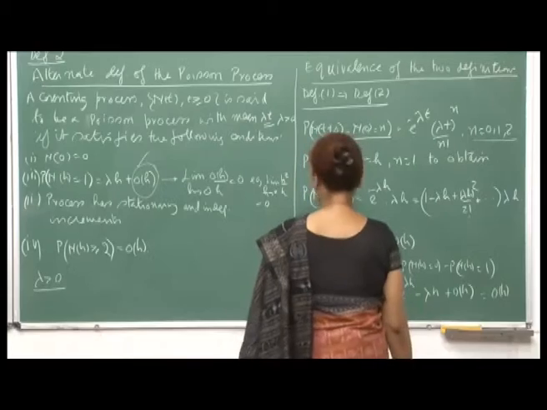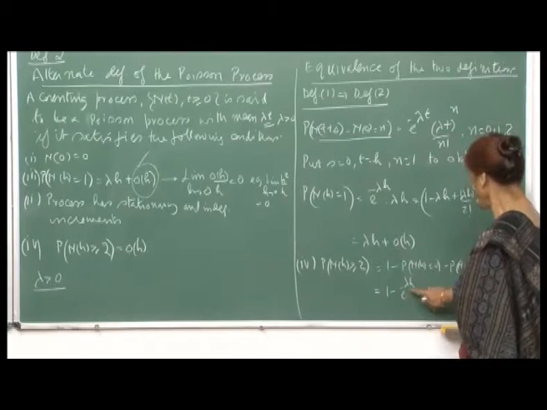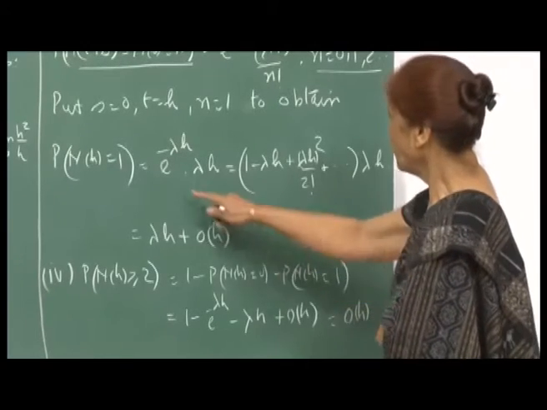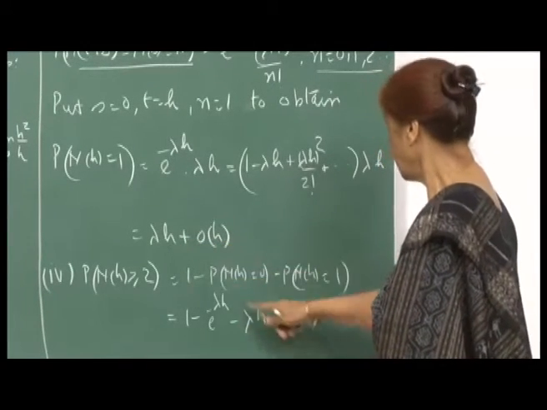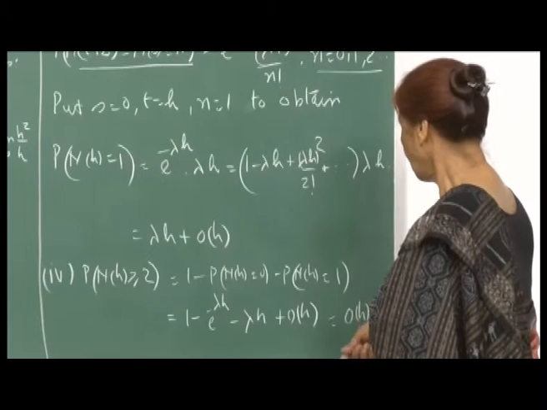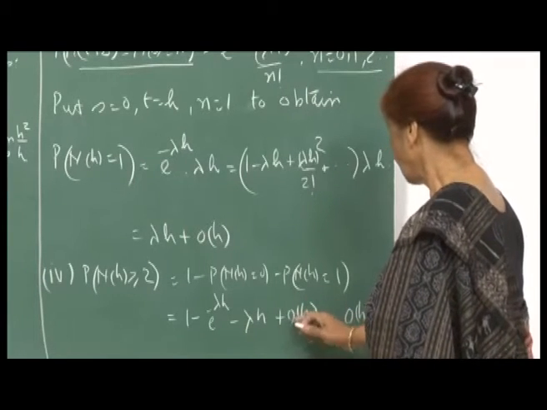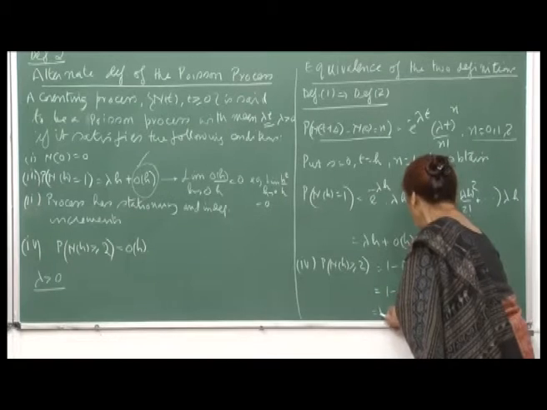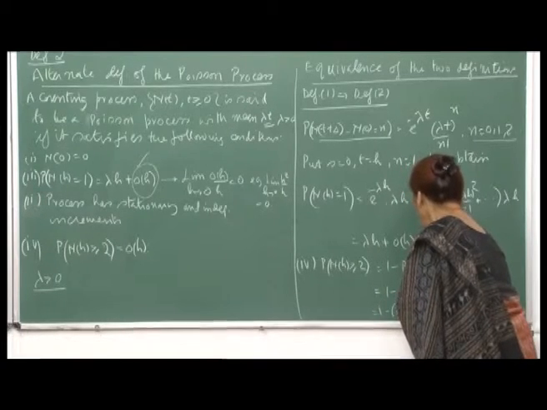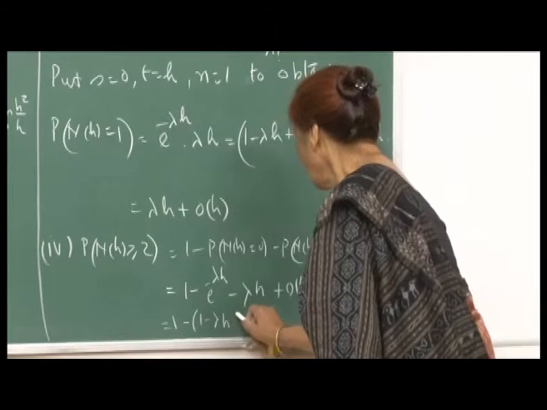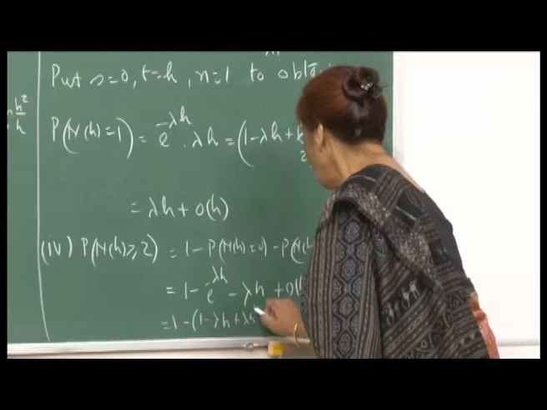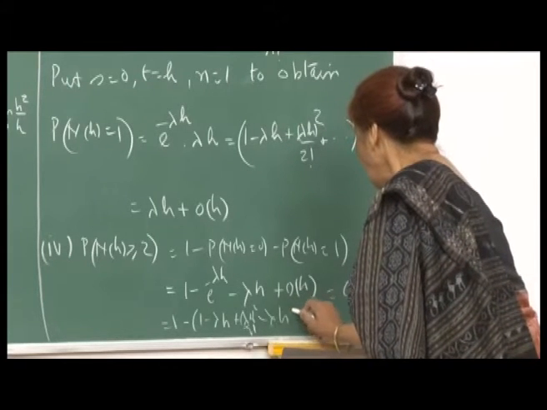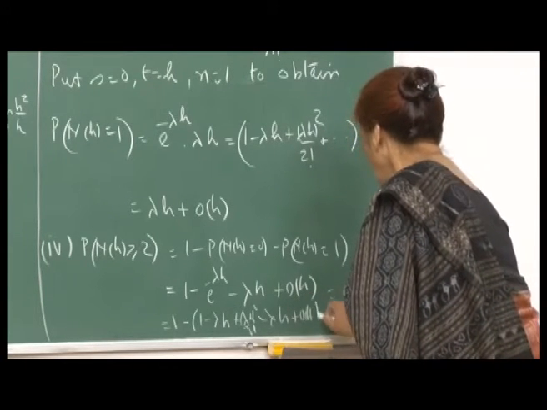And this is the probability N(h) equal to 1 that we have just computed. Now, when you expand this, it will be 1 minus of 1 minus lambda h plus (lambda h) whole square by 2 factorial, minus lambda h plus o(h).